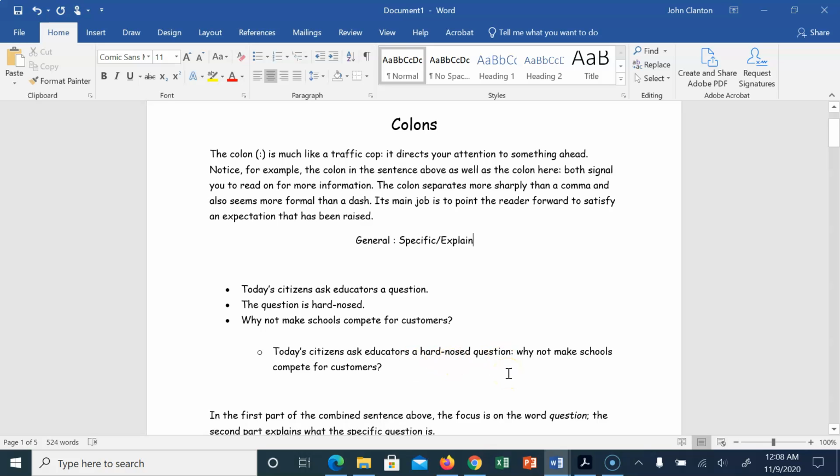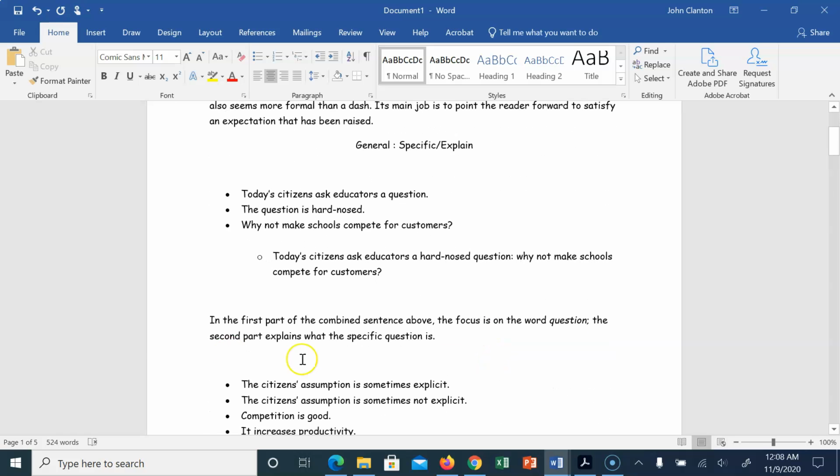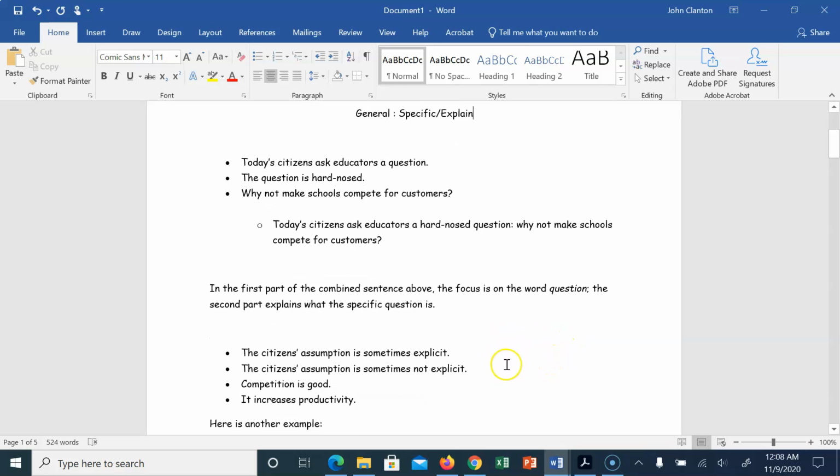Why not make schools compete for customers? So as you can see, on the right side of that colon is the explanatory statement, right? It lets us know exactly what the question is. In the first part of the combined sentence above, the focus is on the word question. The second part explains what the specific question is.